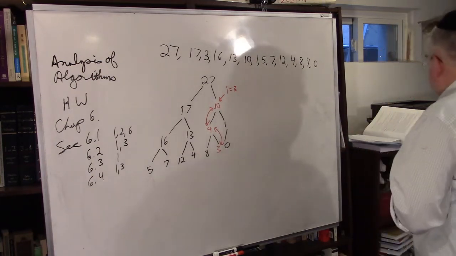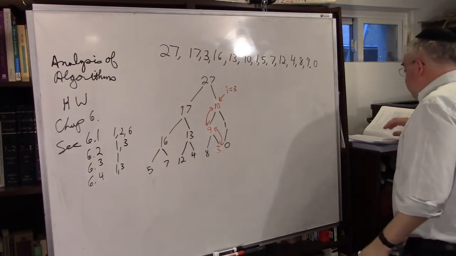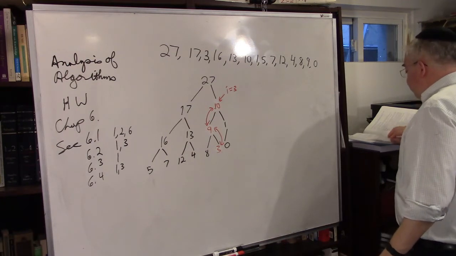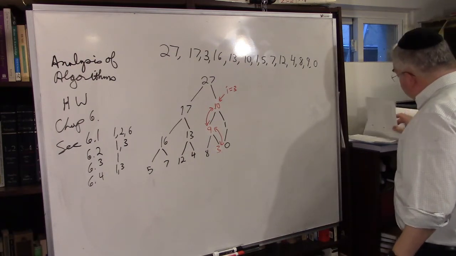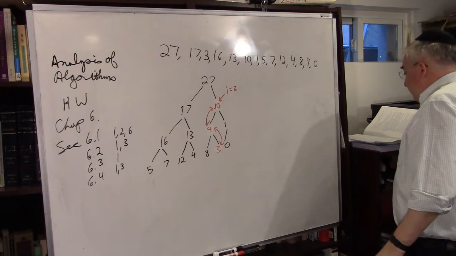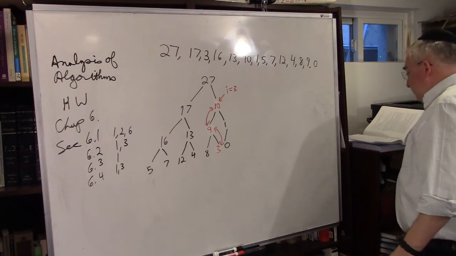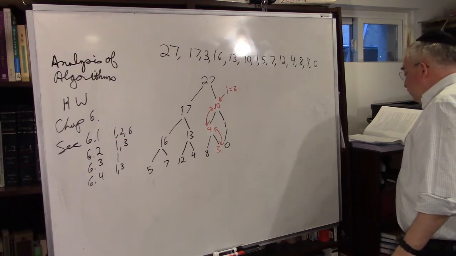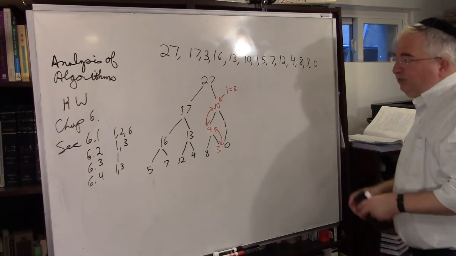Let's just read the question again. Use figure 6.2 as a model, illustrate the operation of max heapify on the array like that. Okay, number 3. What is the effect of calling max heapify when the element A[i] is larger than its children?